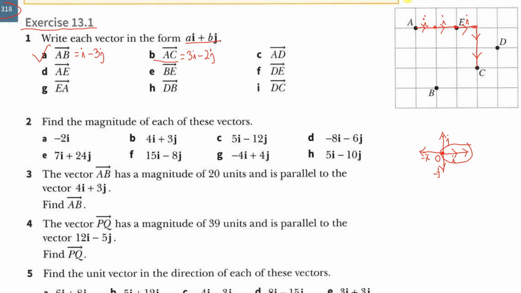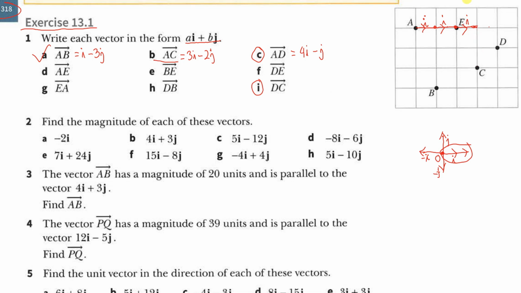Let me do one more from here, AD. From A to D, we go 1, 2, 3, 4, then j. So we can write it as 4i minus j, 1 unit downward. Let me move directly to DC.